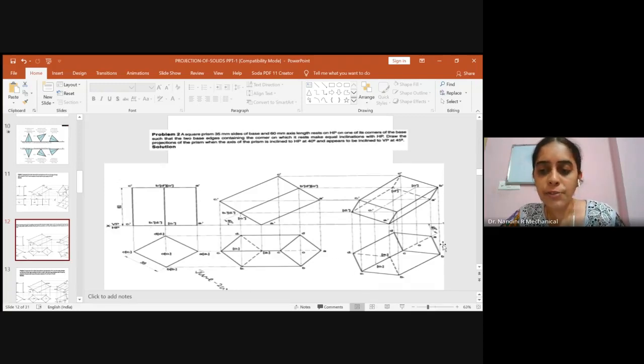And again, on the 45 degree line, you please measure from O to A, what is the distance. Come back here and cut an arc on the 45 degree line. So you will get the corner A. Name it immediately.